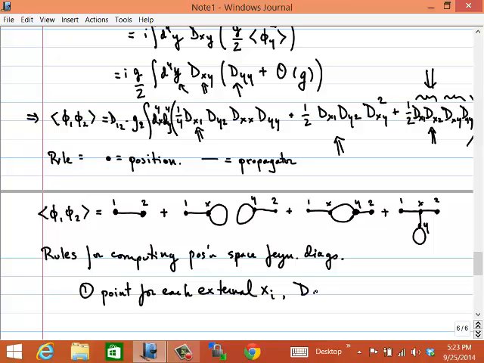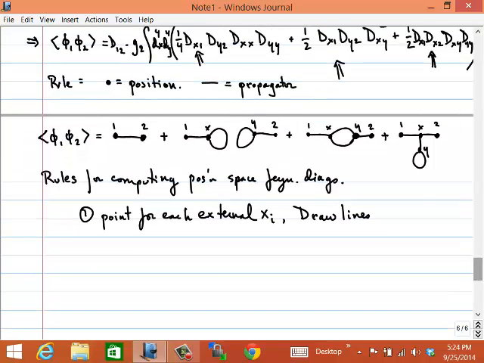You start drawing lines coming off of each one of these external points. So in the present case, you had one line here, another line here.